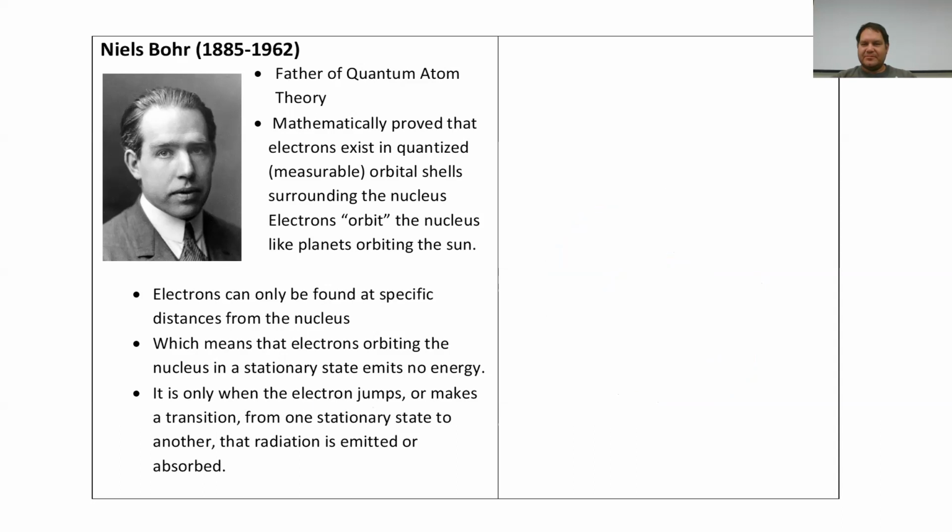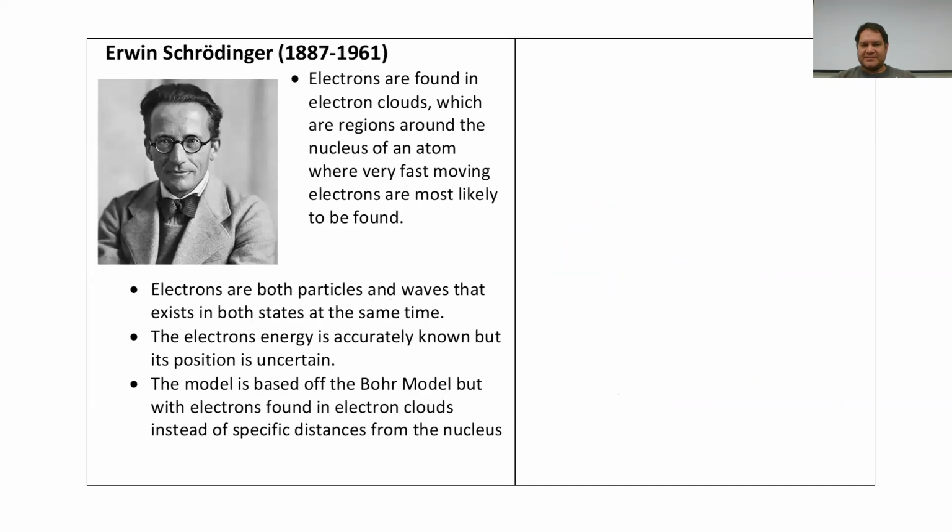But compare that to our quantum model. Instead of having these nice stationary energy level states, we do have the nucleus, that's for certain. But now that the electron is behaving like a wave, instead of these nice defined specific locations, we get these electron clouds.